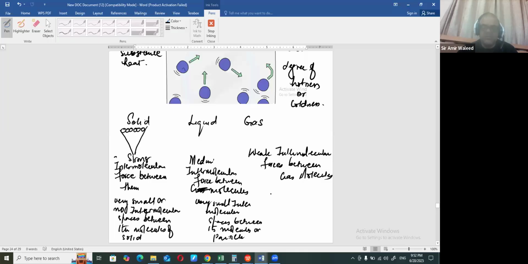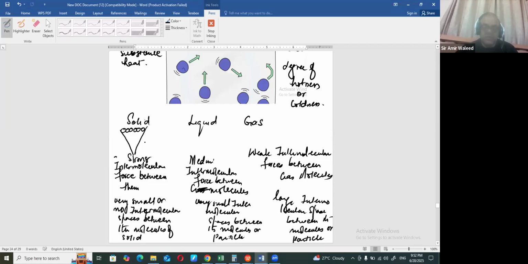In case of gas, they have very large intermolecular spaces between their molecules or particles.